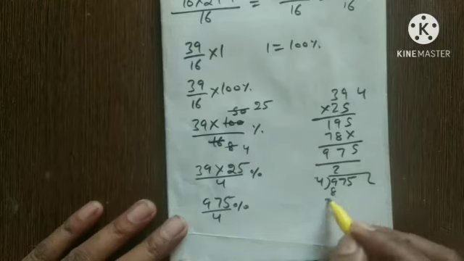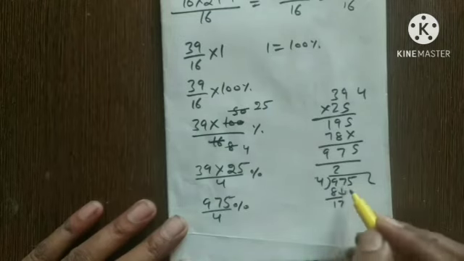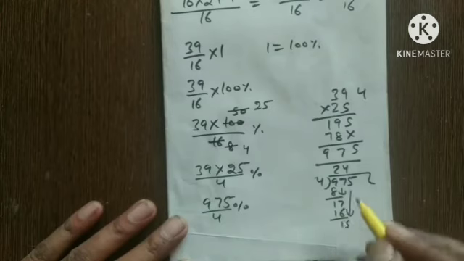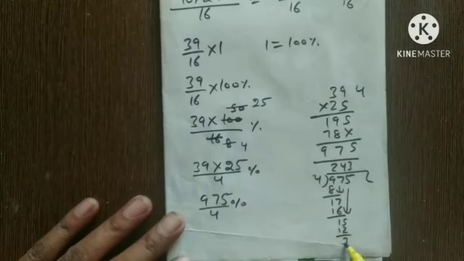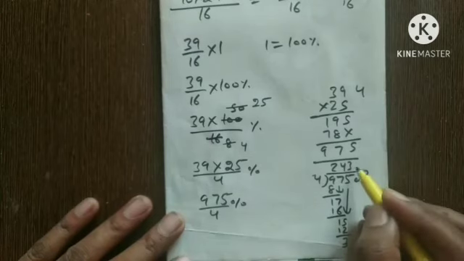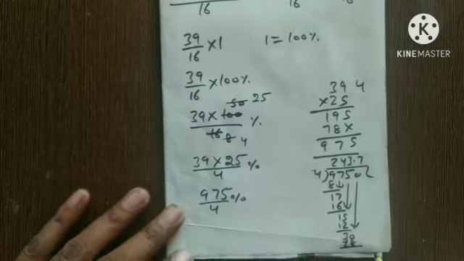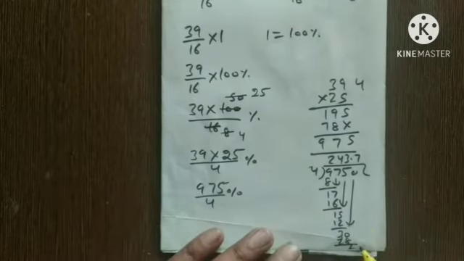4 2s are 8, 1, 7. 4 4s are 16, 1 and 5. 4 3s are 12, 3. Now I will write 0 and mark decimal. 7 4s are 28 and 2 is there, and I will again mark 0.